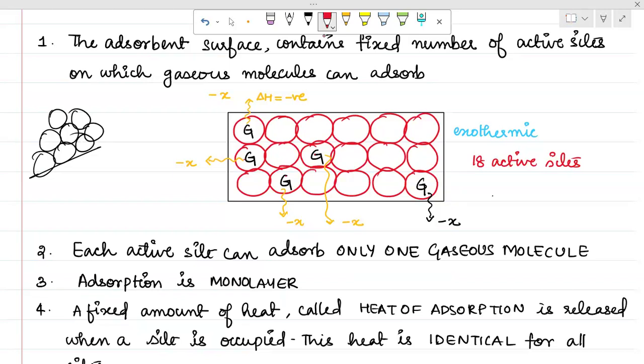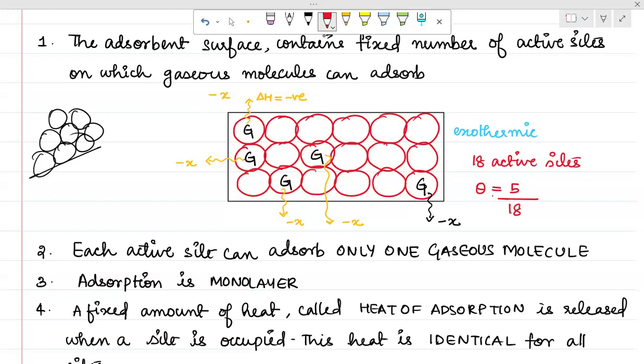Correct? So for the occupied sites, theta is the number of occupied sites, which is 5, divided by the total number of sites, 18. That's it. Okay? So theta is equal to 5 by 18. How did we get that? Total number of active sites 18, and out of which this GS complex is formed at 5 positions. Right? So theta is 5 by 18.